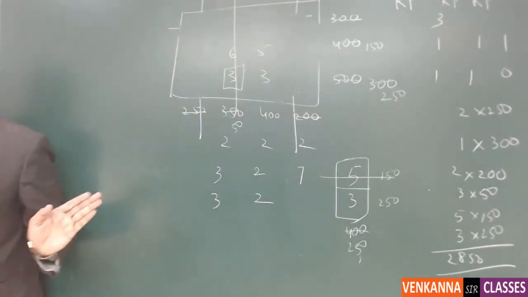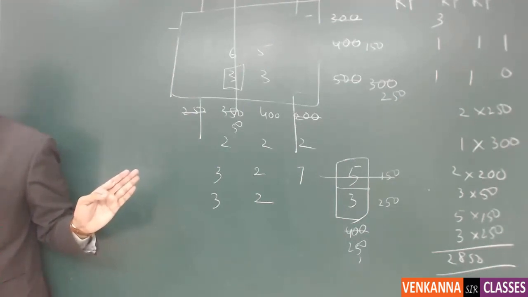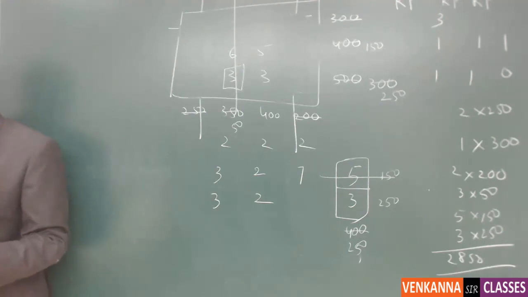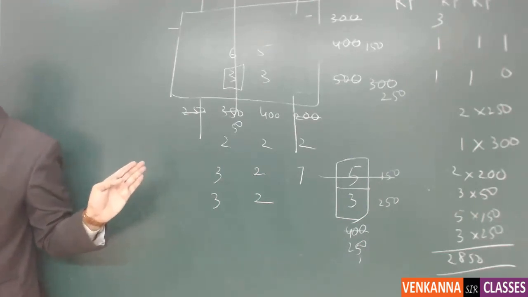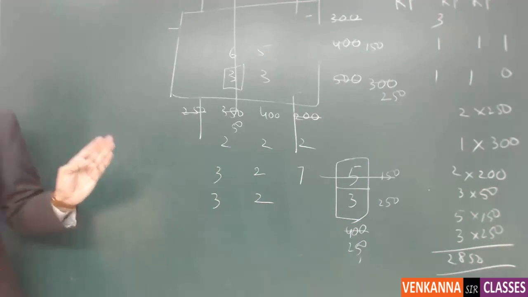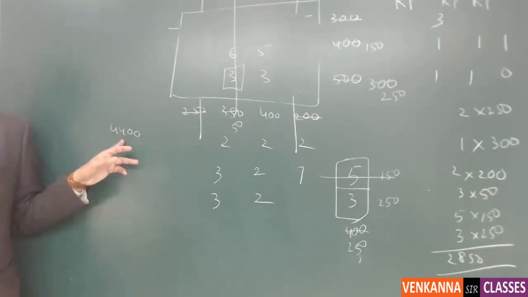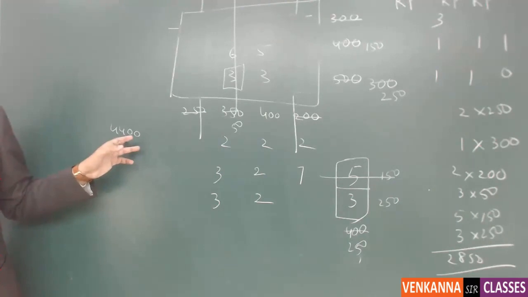So if you compare the solution with the two methods, the northwest corner method as well as least cost method, which one is more advantageous? The method which we have taken now, VAM. Because if we have checked that, what is the value for northwest corner method? I think it is around 4,400. Say for northwest corner method, the value.